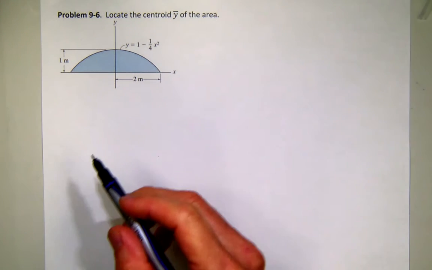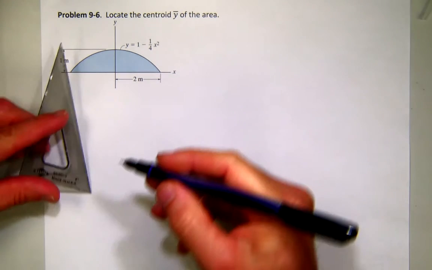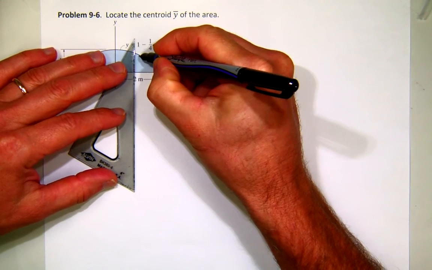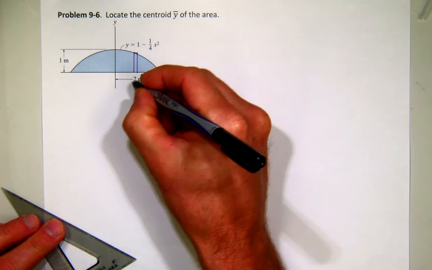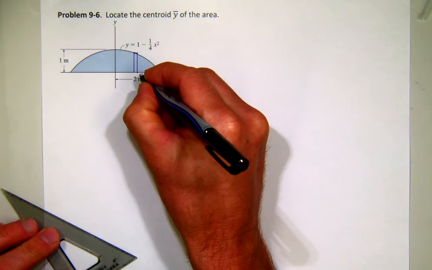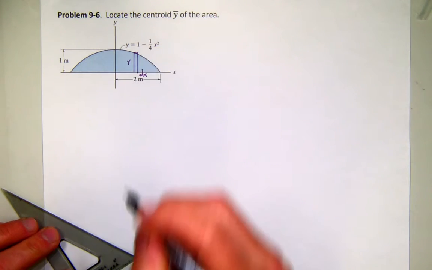So we could probably do it either way, but I think, as a starter, that we should choose a vertical strip. Okay? So it's going to be dx wide, and it's going to be y tall.